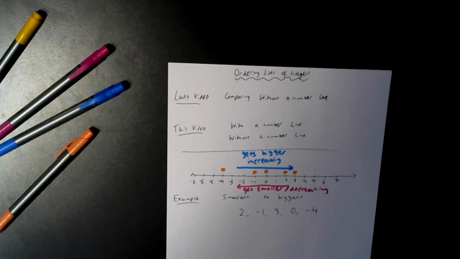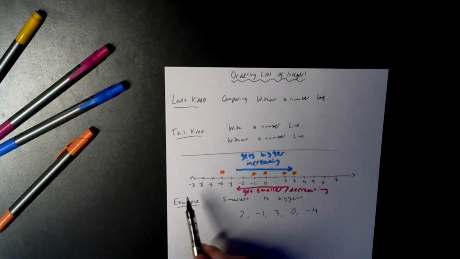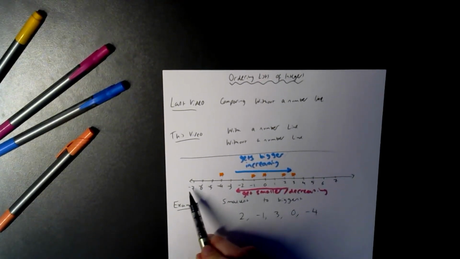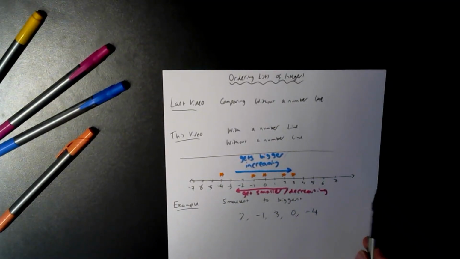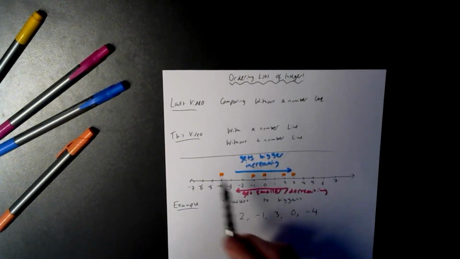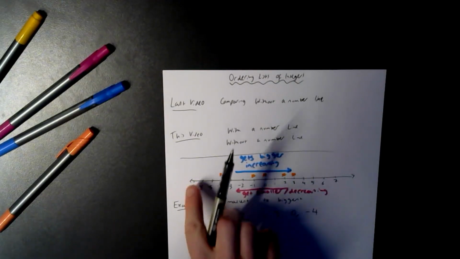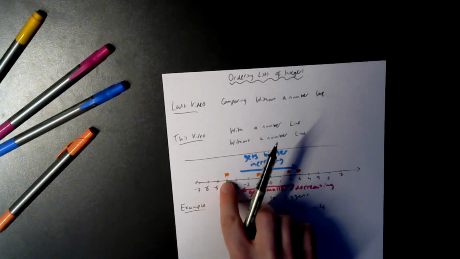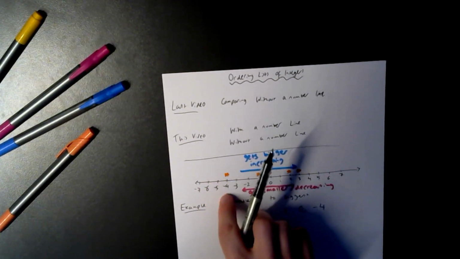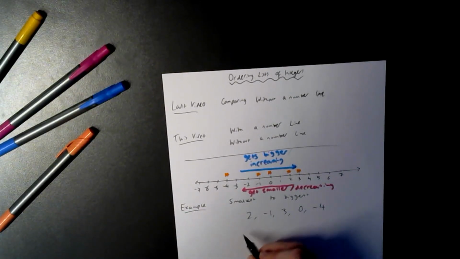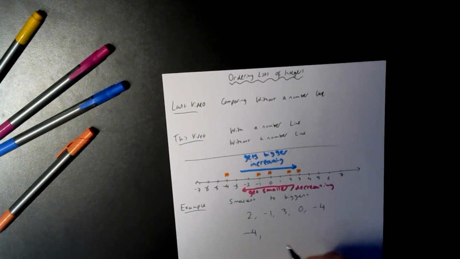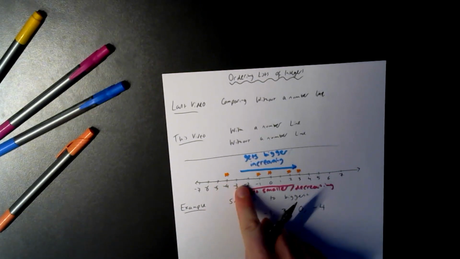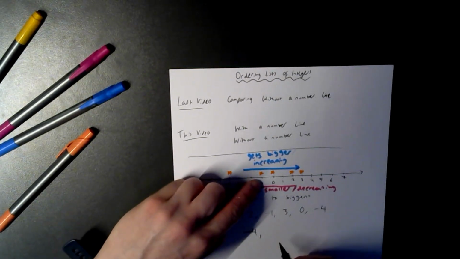And what we want to do is to look at them from smallest to biggest. So from smallest on the left to biggest on the right. So let's have a look. Well, if I move my finger along, I can see the first number that appears is -4. So I'll write that down. And I keep going, and I've got -1.